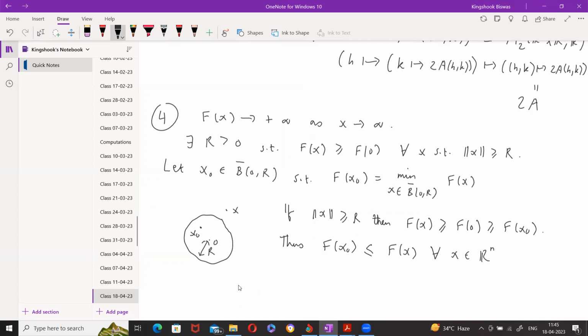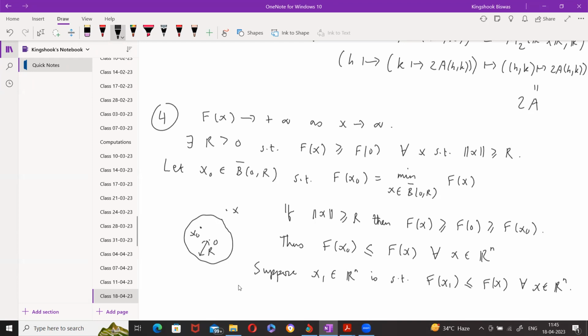So we found a minimum. Now, why is the minimum unique? That is the main point. So suppose x1 in Rn is such that f of x1 is less than or equal to f of x for all x in Rn.